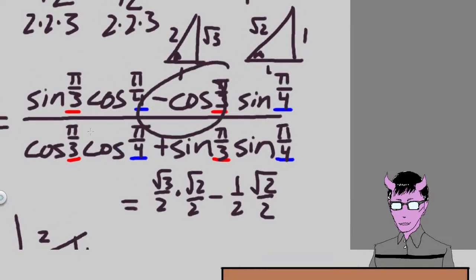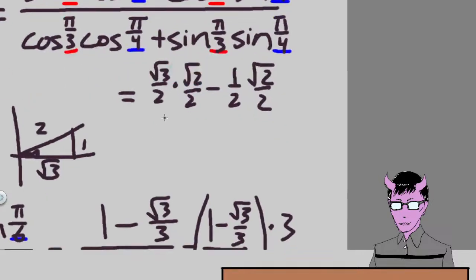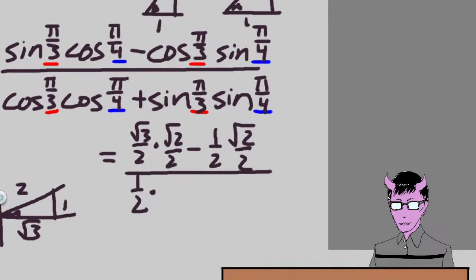So this one is the same as this one. Cosine is going to be equivalent to that one, so you could kind of copy paste. This one is the same as that one. And then lastly, this is the same as this one.